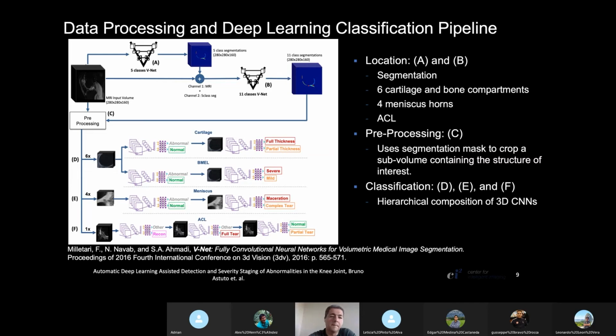So we trained a second VNet architecture to do this more fine-grained segmentation.